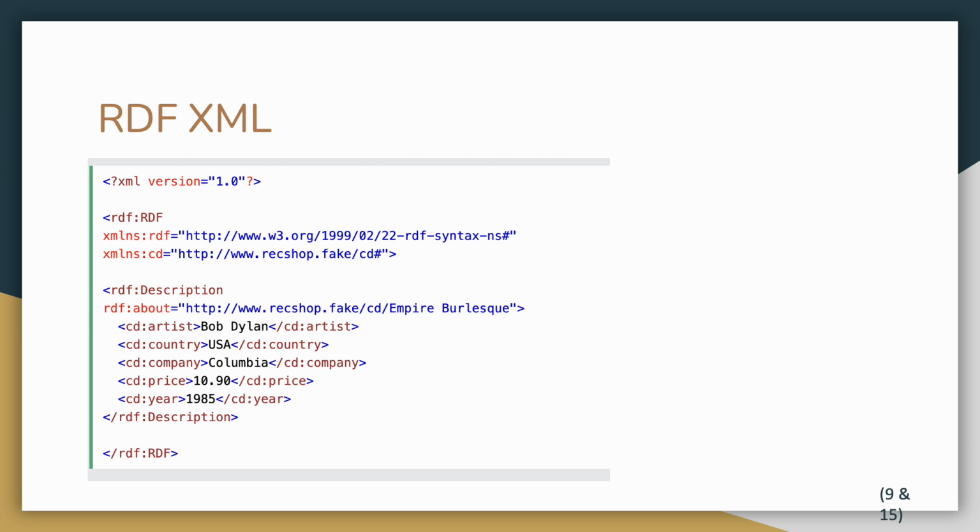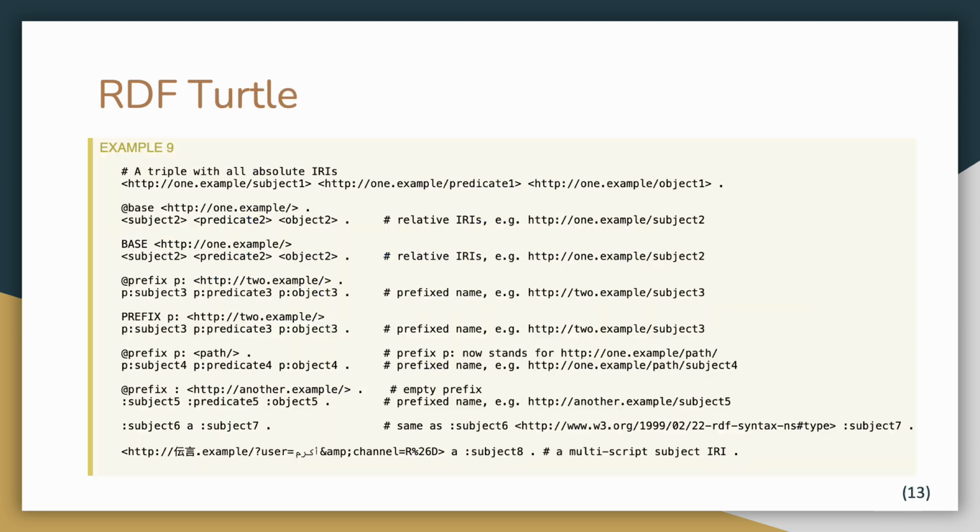And then each subsequent tag in that section is for different properties, different predicates, and then the values of those, which are the objects. So for example, for this album, Empire Burlesque, the artist, which is that predicate, is Bob Dylan. And this is one way of describing all of the different metadata aspects.